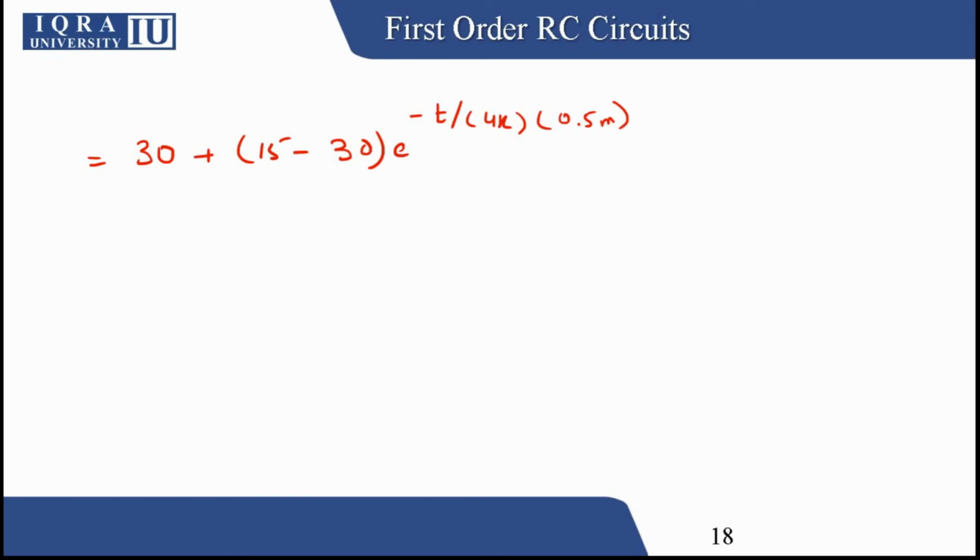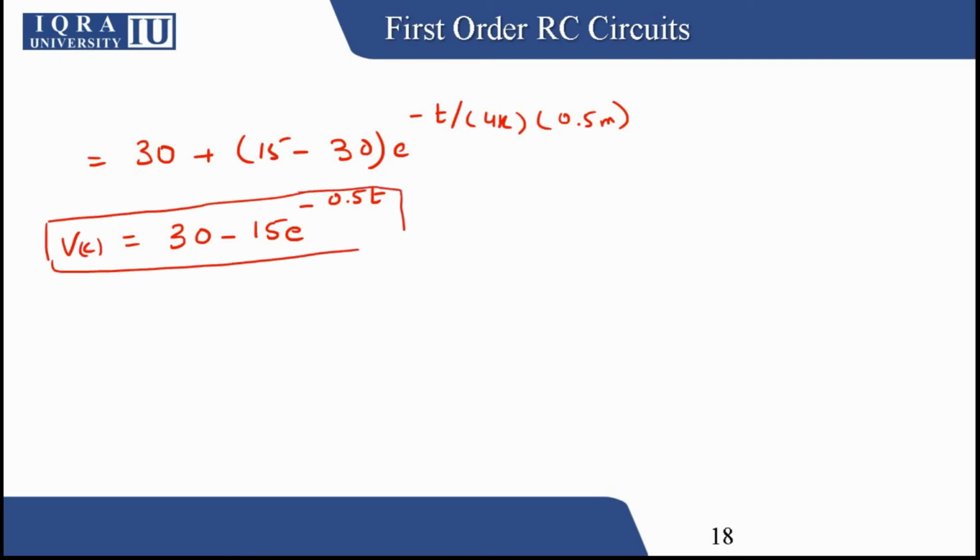So we can say this one, 30 minus 15 e to the power minus 0.5 t. This is the voltage across the capacitor, and this is the equation based on time.